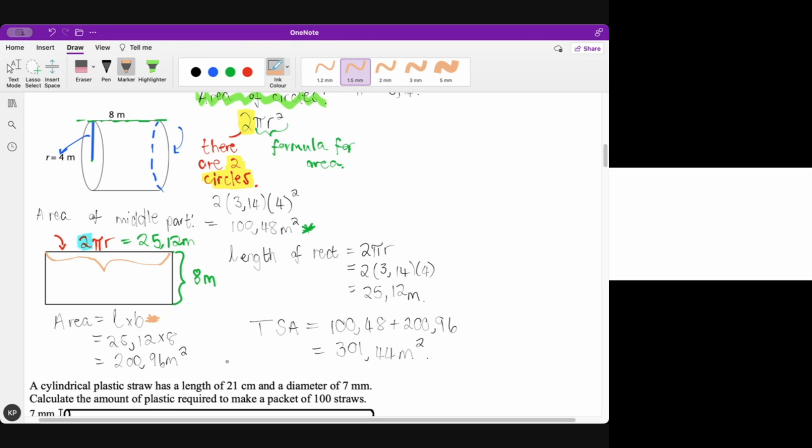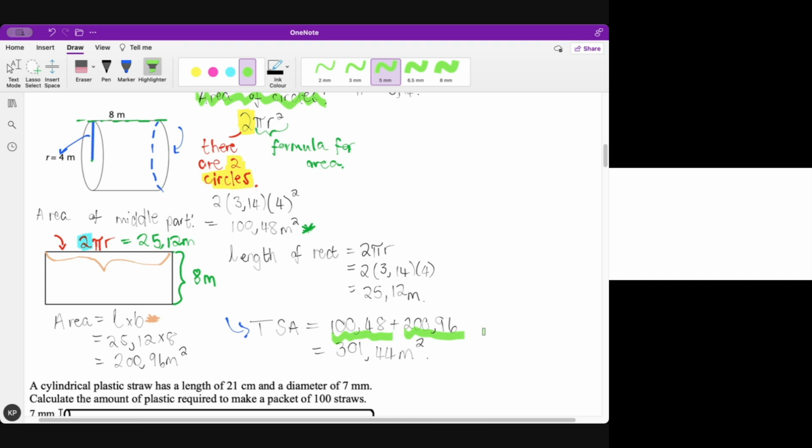No, because you didn't take into account the 100 for the two circles. So that's why in total, I'm going to need 100 meters squared for the two circles plus the 200 meters squared for my around. And that's why your total surface area ends up being 301,44.